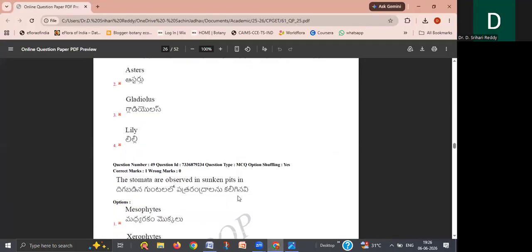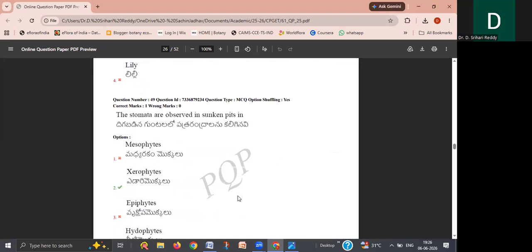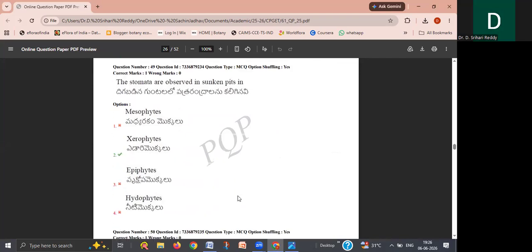And next, the stomata are observed in sunken pits. Already we discussed that xerophytes have specific adaptations to prevent excess transpiration, that means loss of water.